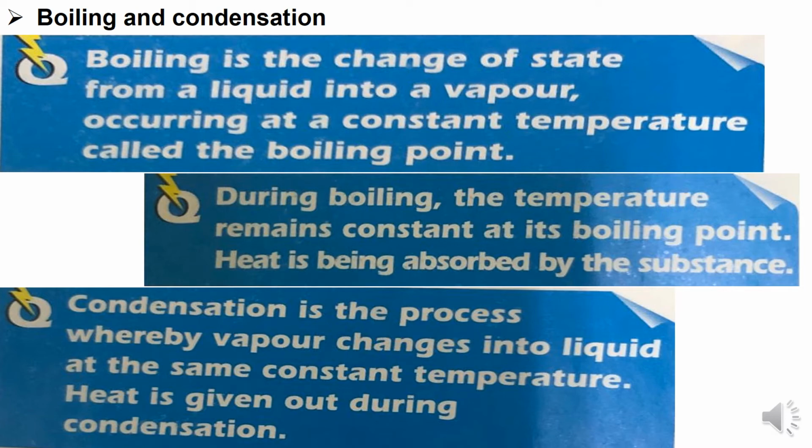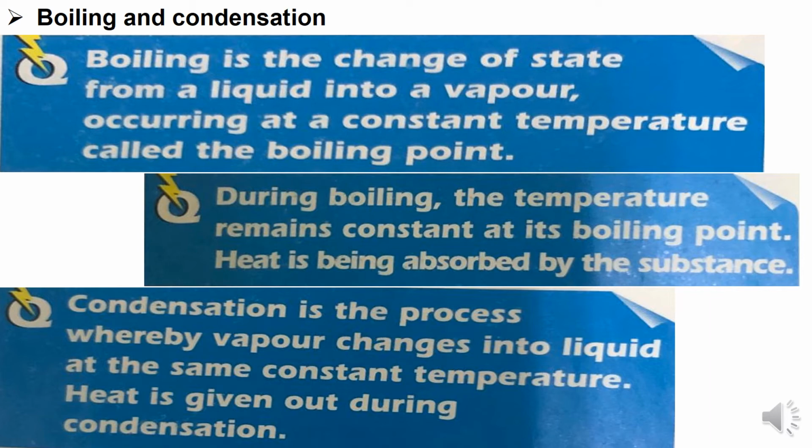In case of water, the boiling point is 100 degrees Celsius, but in case of mercury, it is 357 degrees Celsius. In case of hydrogen, it is minus 253 degrees Celsius, and in case of oxygen, it's minus 183.